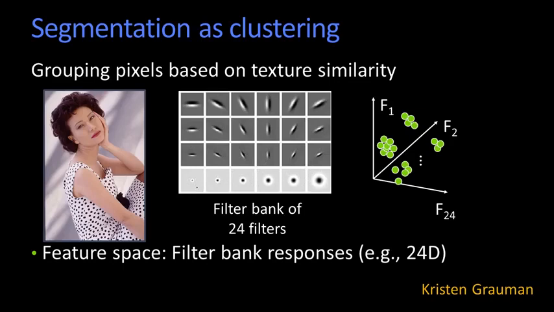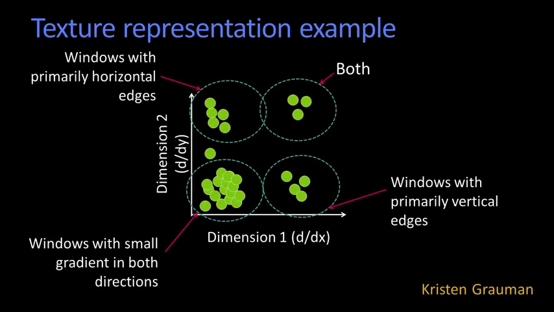And that's what's being shown here, right? You have these clusters in this image space. And so here's an example. Let's just suppose we take a look at this, the derivative in the x direction. So how much gradient there is going in the x direction at one particular scale. This is one of the dimensions. And this is in the y direction, so it measures your gradient in the y direction.